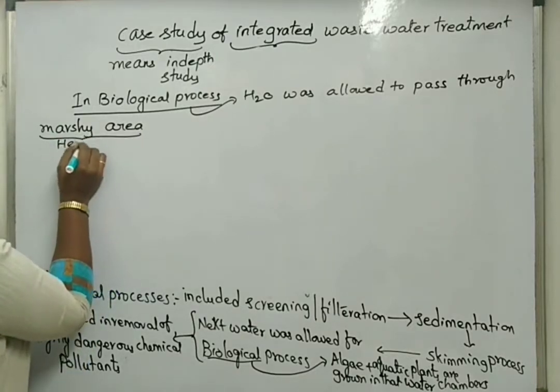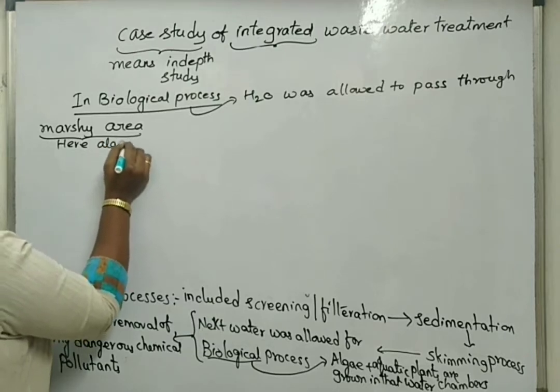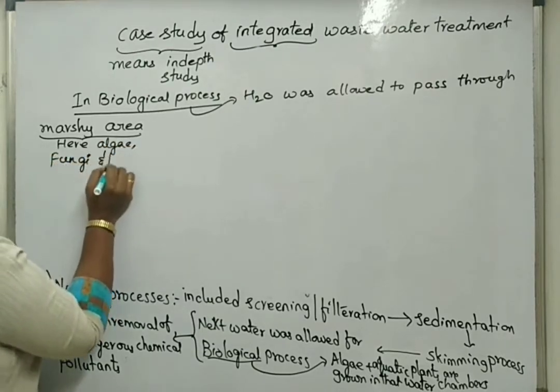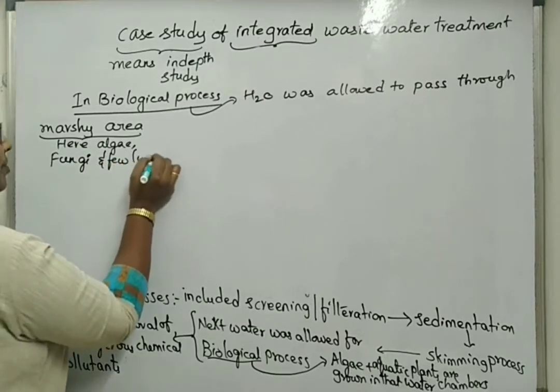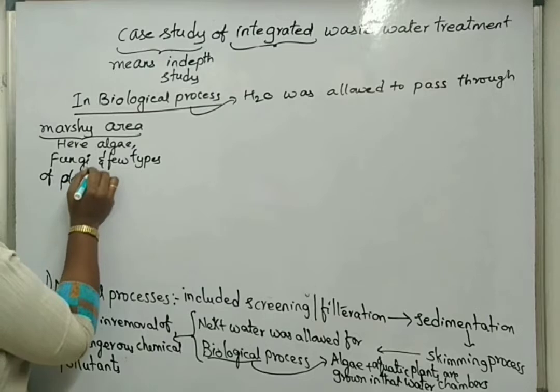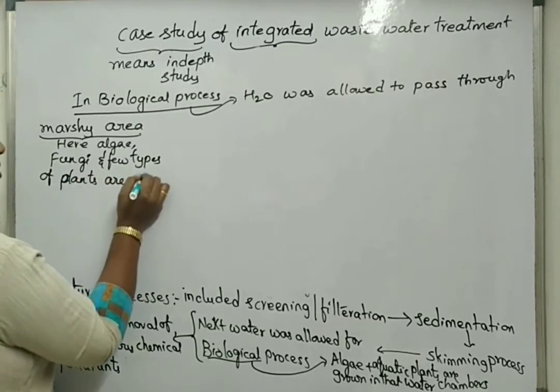So algae, fungi and a few types of plants are allowed to grow.